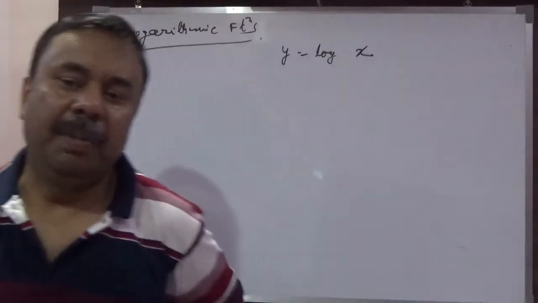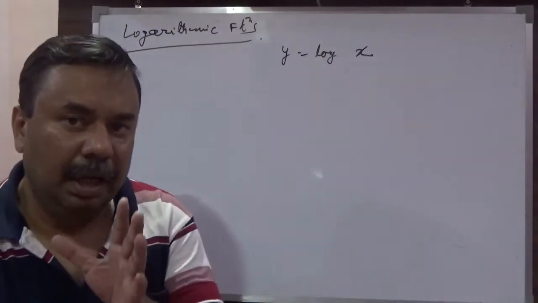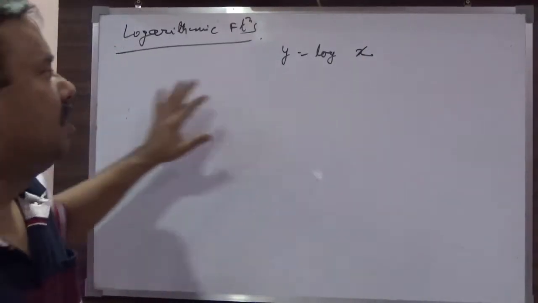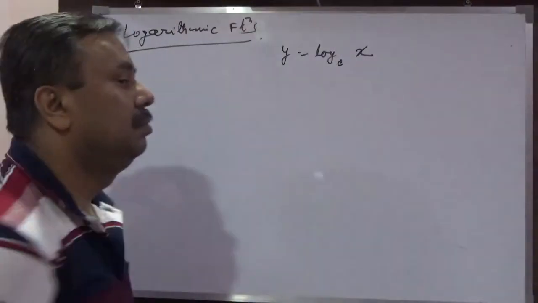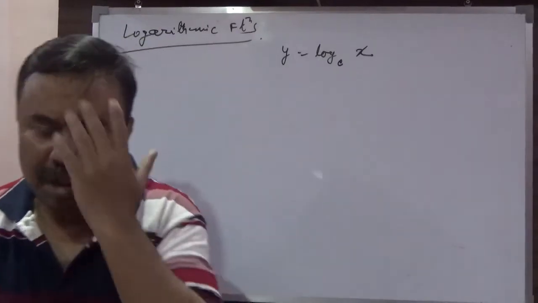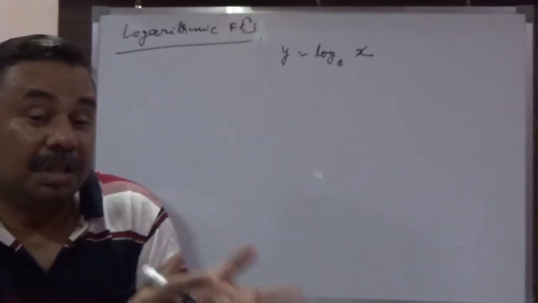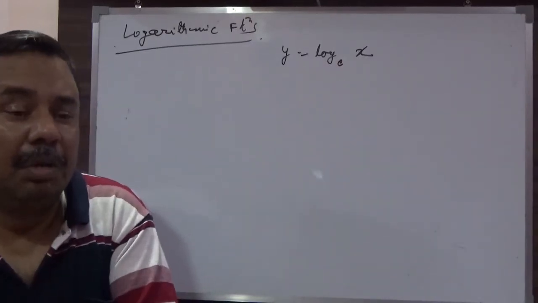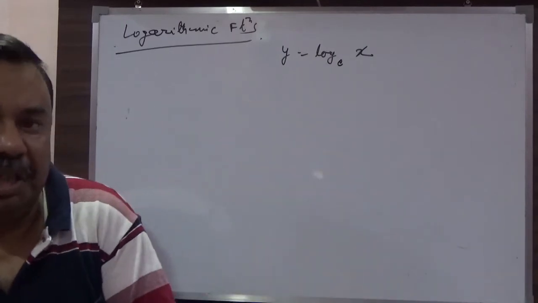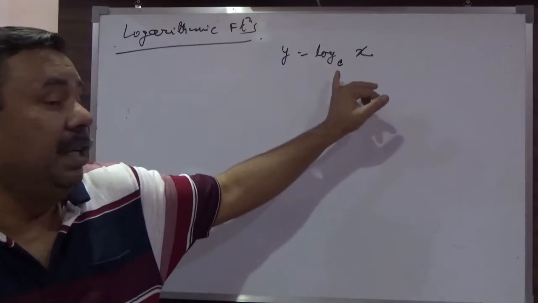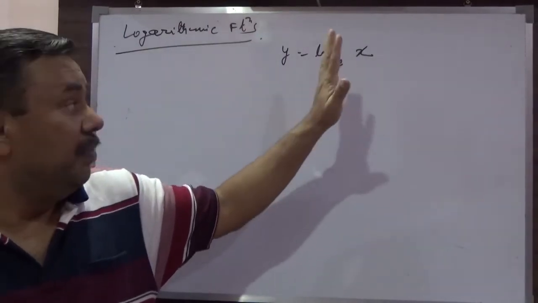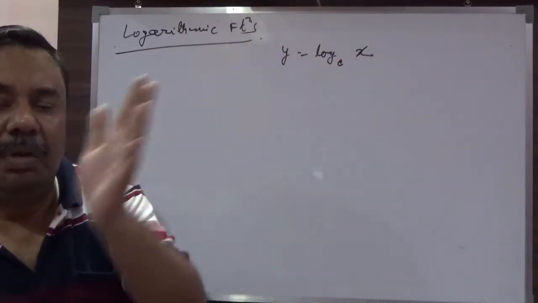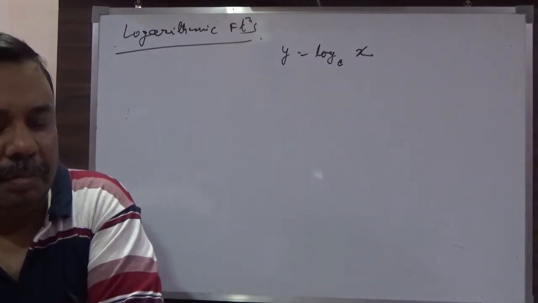One thing you should keep in mind is that when we are dealing with calculus, the logarithmic function means it is to base e. In your previous classes where you studied logs and log tables, you used base 10. But in calculus, when you are doing differentiation or integration, the base should be e. If any other base is given, just convert it to base e using the formula that you have studied in your previous classes.